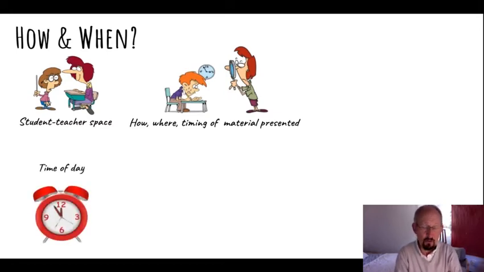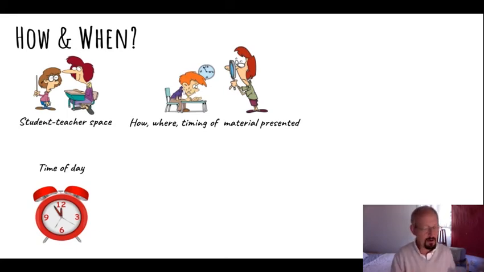Something else that can greatly affect performance and therefore, of course, assessment is time of day. Now, we may not always have the ability to control time of day, but it's important, even if we don't, to be cognizant of when we're testing a child, right? So if we're testing them or instructing them, we need to be aware of time of day, because it could affect performance.